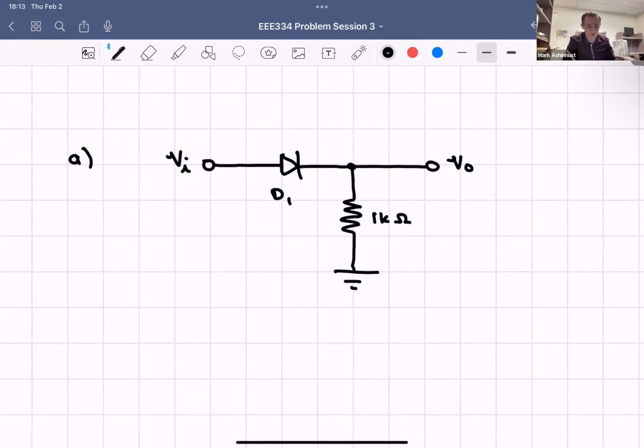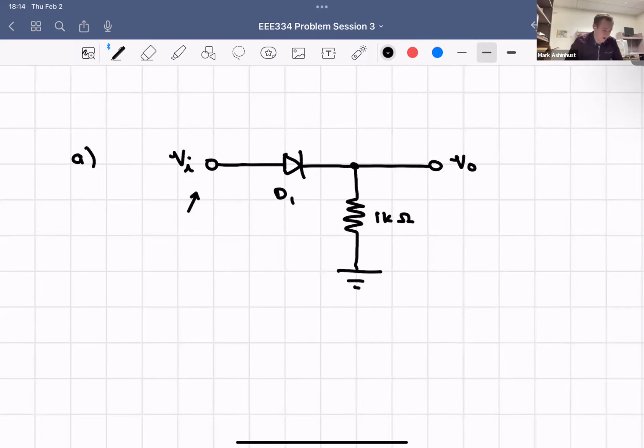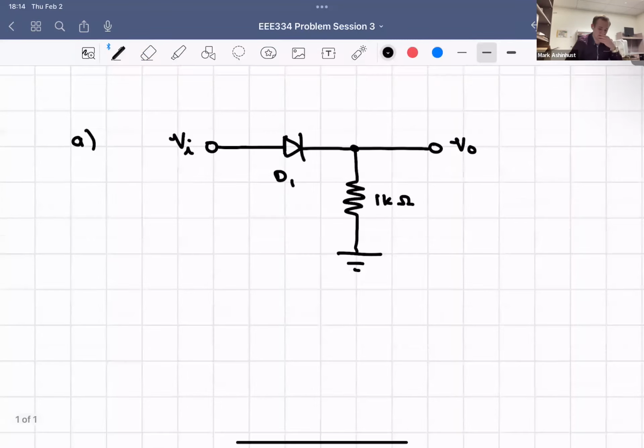So we have a peak sine wave of 5 volts. 5 at the top, so it would be 10 peak to peak if you're going the whole thing. The sine wave is applied at the input, and it's at 1 kilohertz, which will be important when we graph things out.